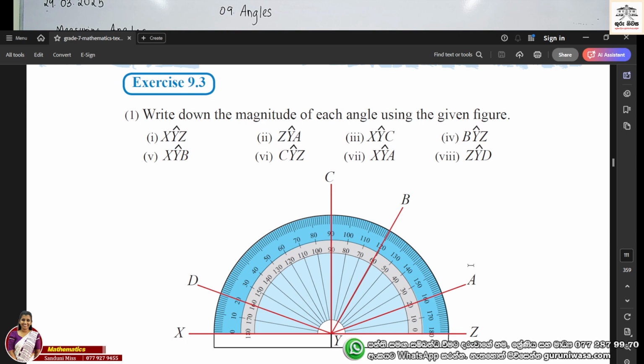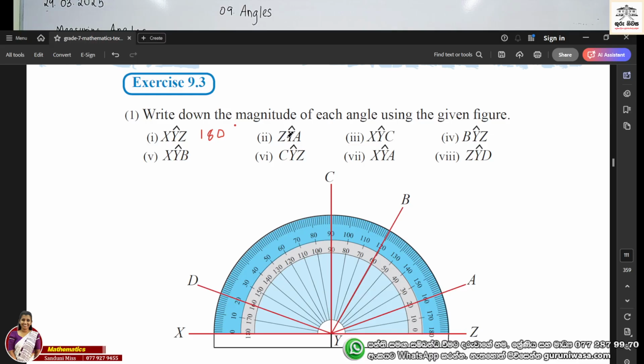Now we will measure the magnitudes. The angle, we call it magnitude. So we'll try to find XYZ. XYZ means this whole angle is how much? It is equal to 180 degrees.